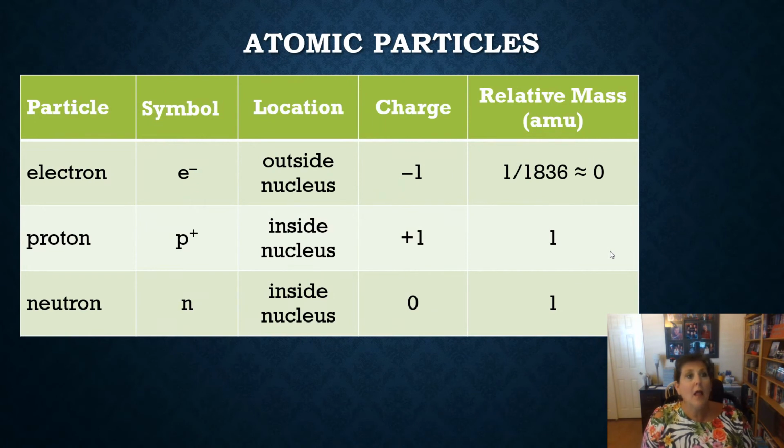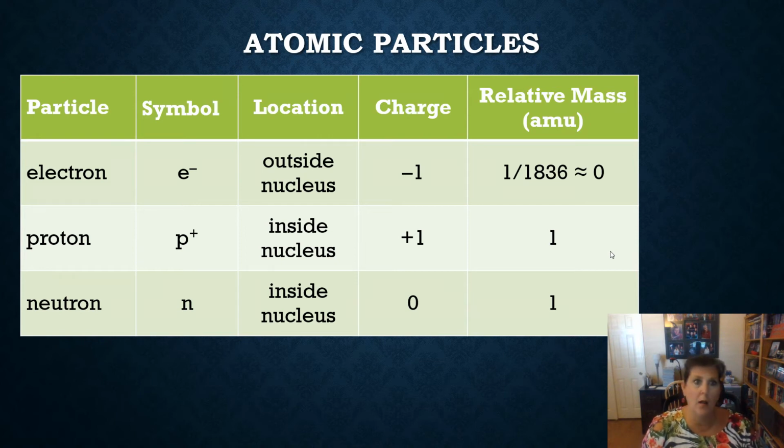So here's a table of our subatomic particles. The electron is symbolized with the lowercase e negative sign. It's outside the nucleus, and the negative is because the charge is -1. The relative mass in atomic mass units, AMU is the unit, is 1,836 times smaller than a proton or neutron, meaning it's basically zero.